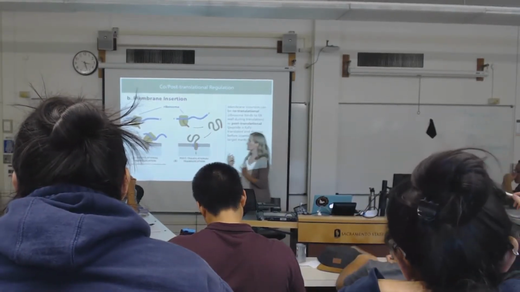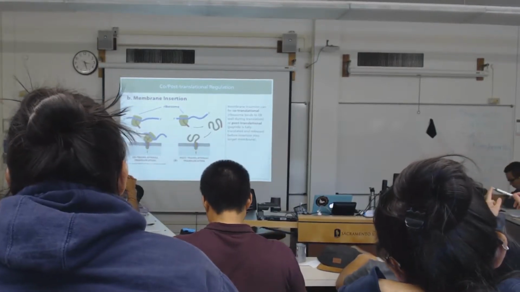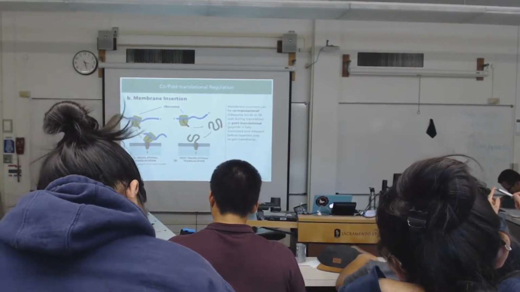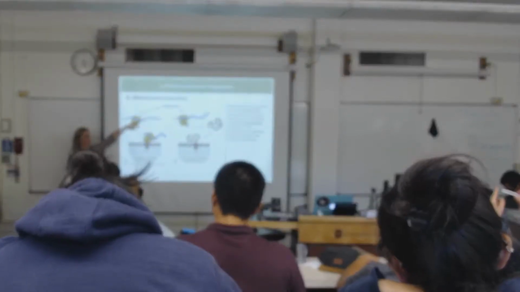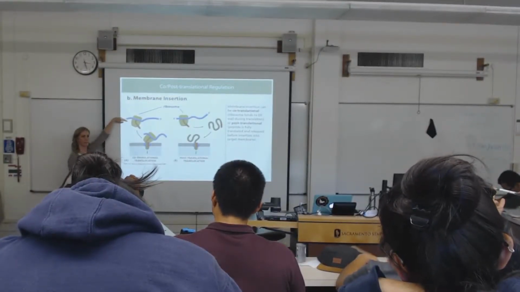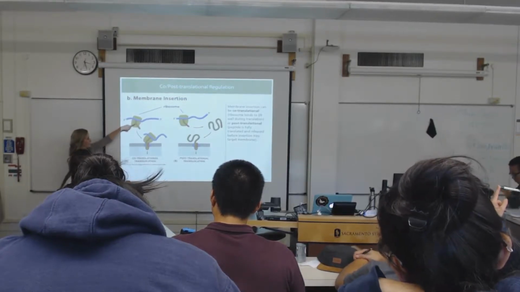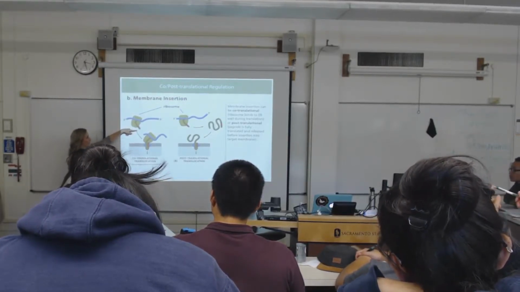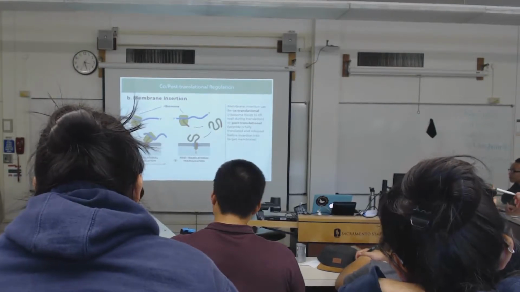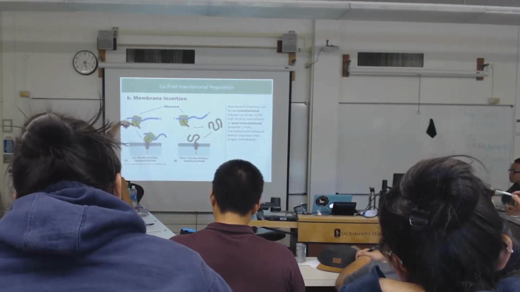All right, so what the heck's going on in this image? Green, that's the ribosome. Blue is the mRNA. And right here, this phallic-looking thing is the peptide. So the ribosome is translating the peptide.